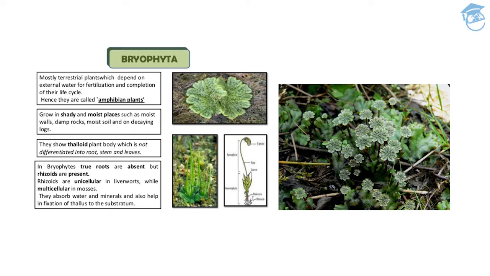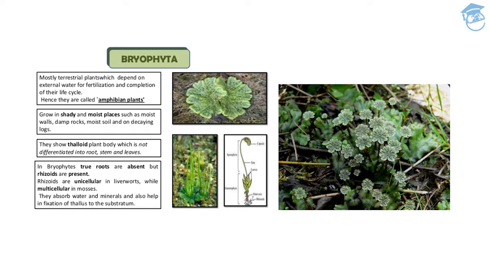They show a thalloid plant body which is not differentiated into root, stem, and leaf. In bryophytes, true roots are absent. I repeat, no true root is present, but instead, rhizoids are present.